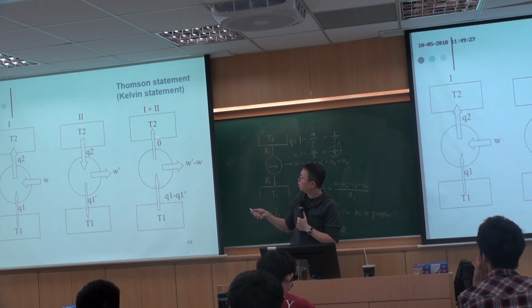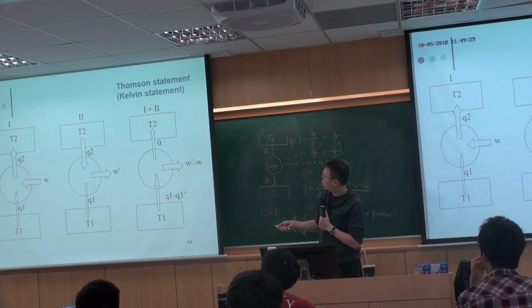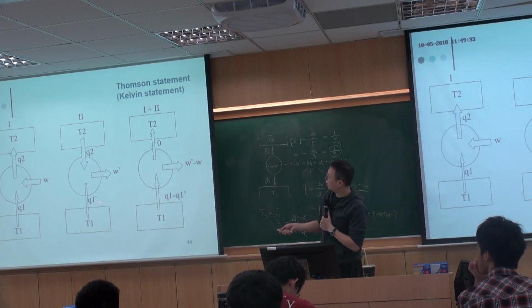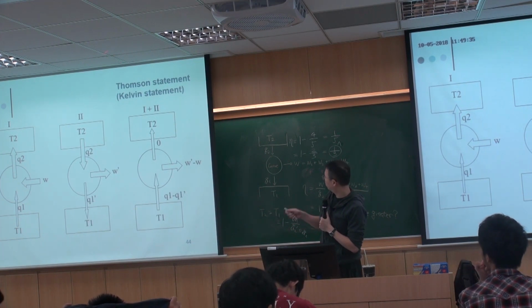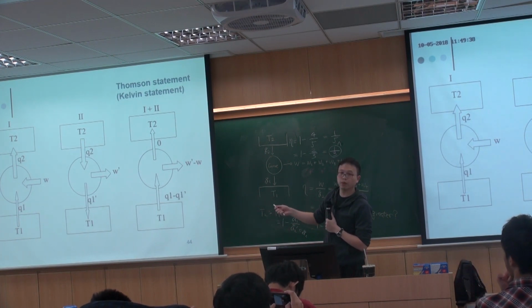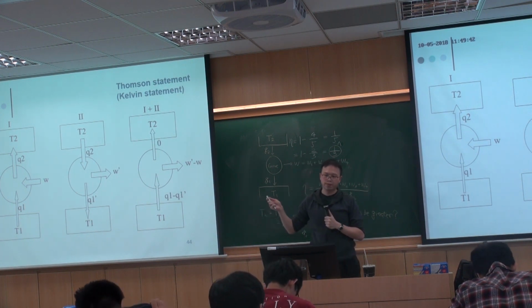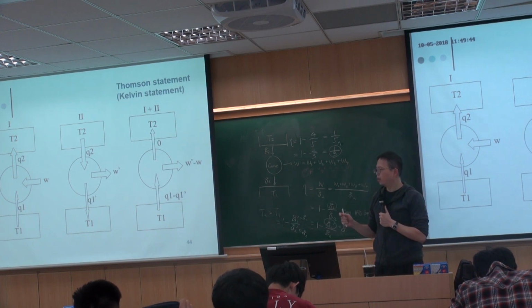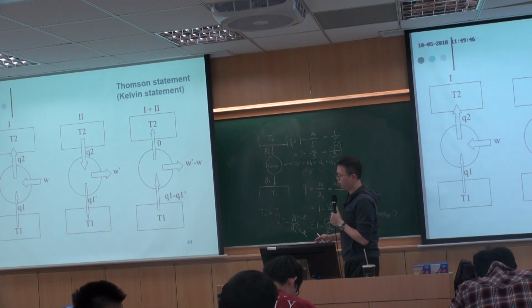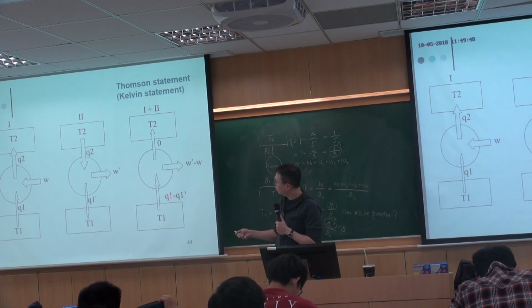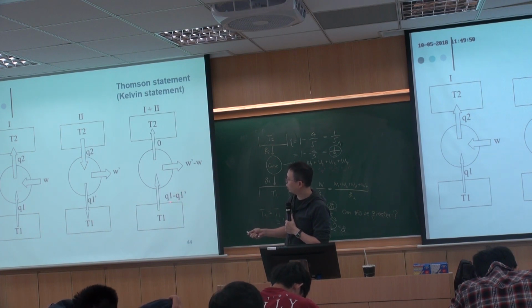On the other hand, over here you have Q1 minus Q1 prime, and over here you have W prime minus W. And we know that this is a positive number, right? Because we already stated that W prime is larger than W, and also Q1 prime is less than Q1.